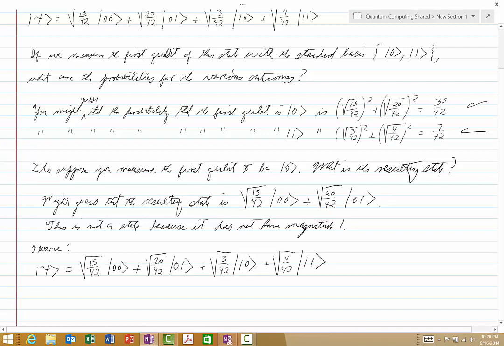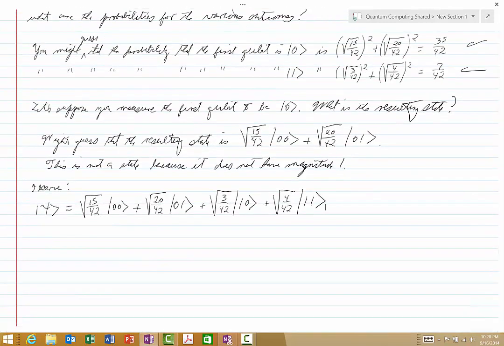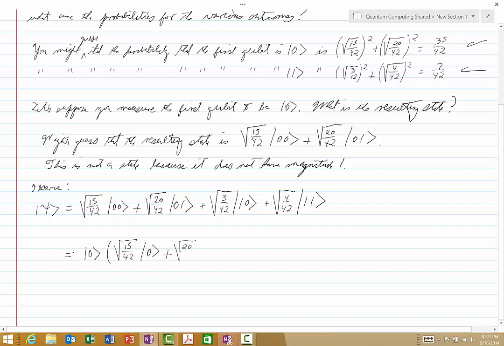Now, since we're measuring just the first qubit of this state, I want to separate out the first qubit in the following way. For the first two terms, the first qubit is 0. So I'll have 0 times the square root of 15 over 42 |0⟩, plus the square root of 20 over 42 |1⟩.